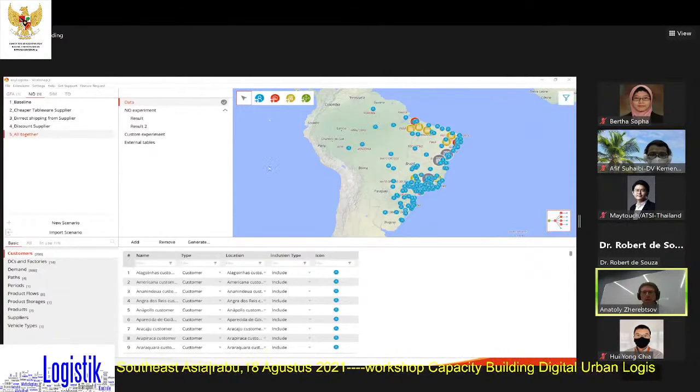So everything, the data itself and the optimization, is on a local machine. So the security of data in AnyLogistix depends on the security of the local machine where it is installed.